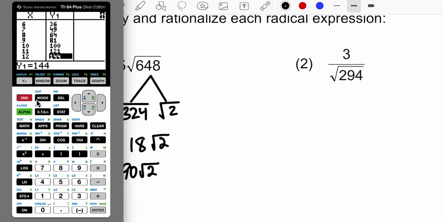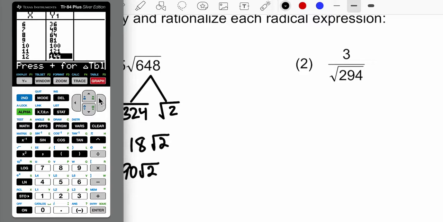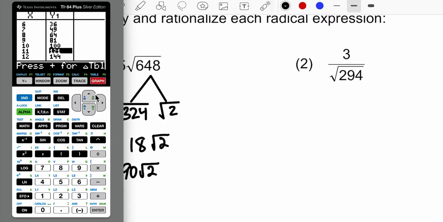So I say 294 divided by 144. No dice. By 121. So 294 divided by 121, no dice. And you keep going. It's not going to be divisible by 100.